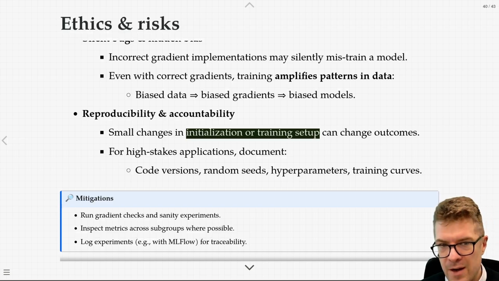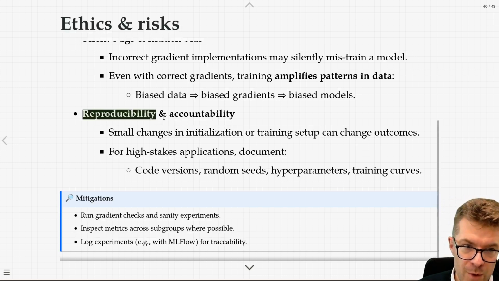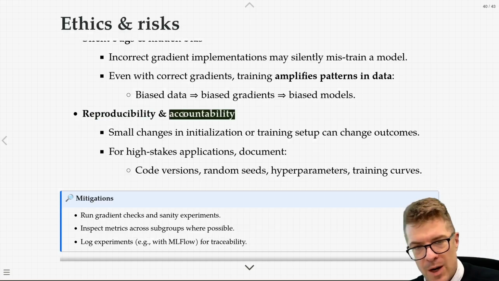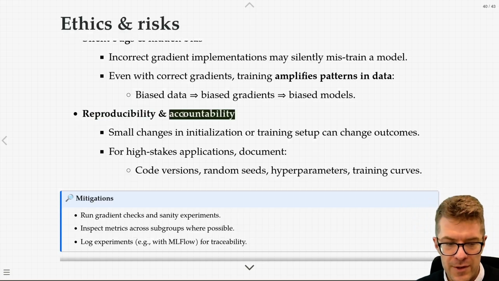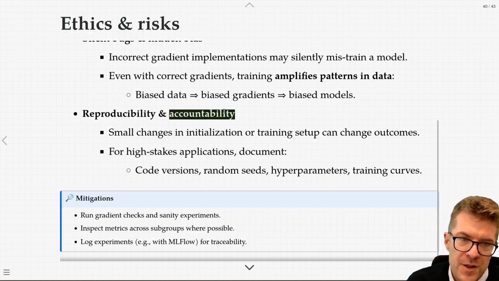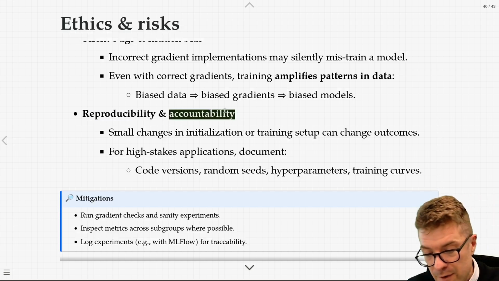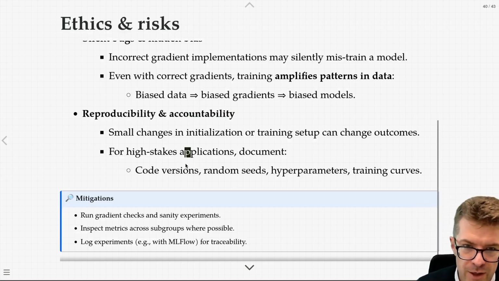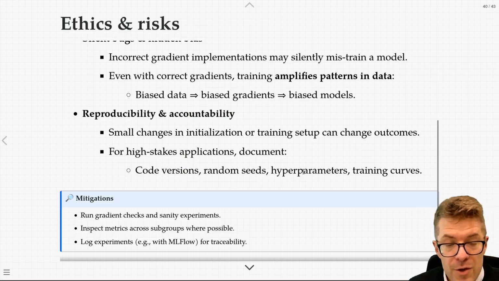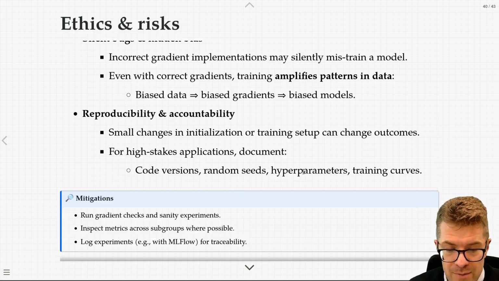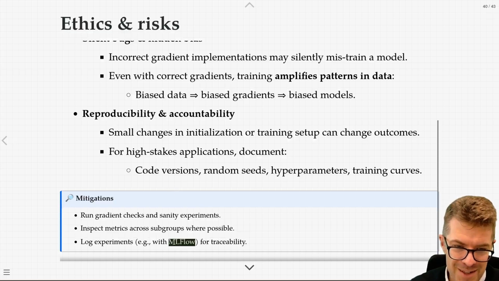All that complexity can result in reproducibility problems and accountability problems, like who is responsible for this gradient function might not be the same person who's responsible for designing a forward pass network structure. So you need to document everything. Use MLOps programs like MLflow, for example, and so on. And I can mention it right here. I should put a link here, but you've probably seen MLflow before. MLflow is a great library for doing MLOps properly.